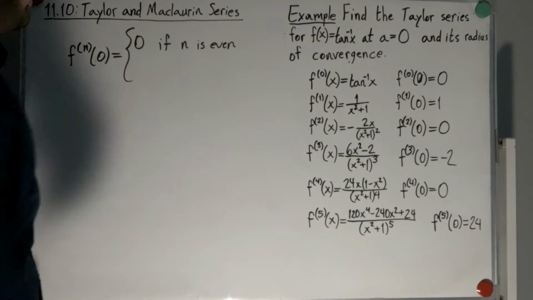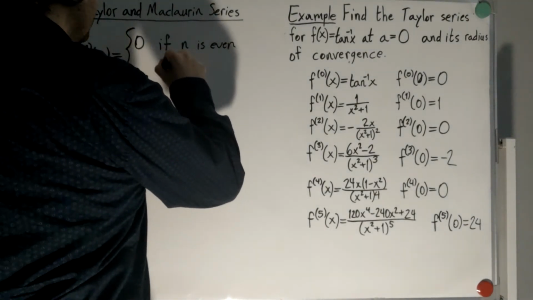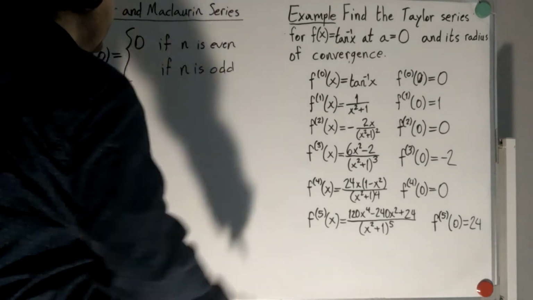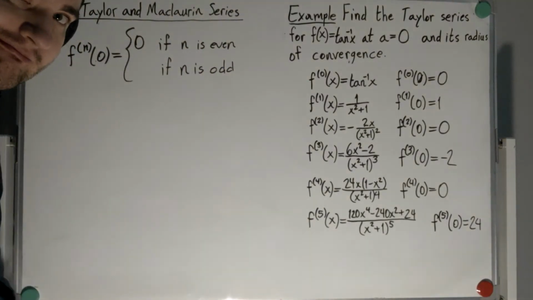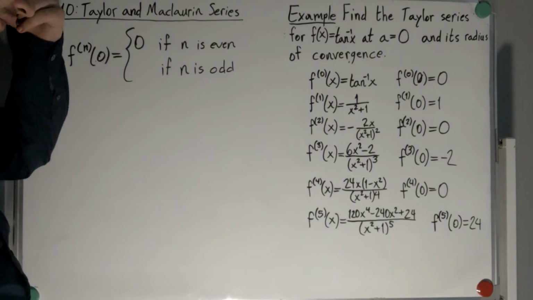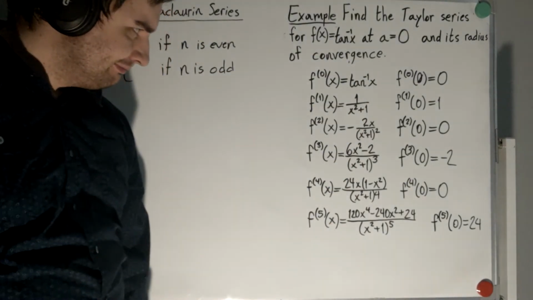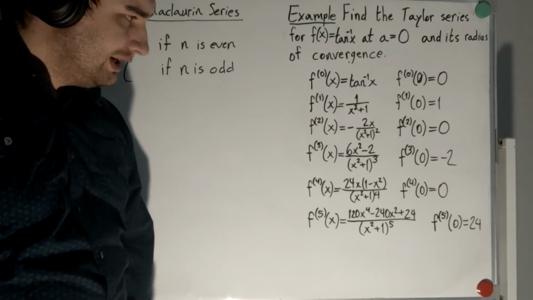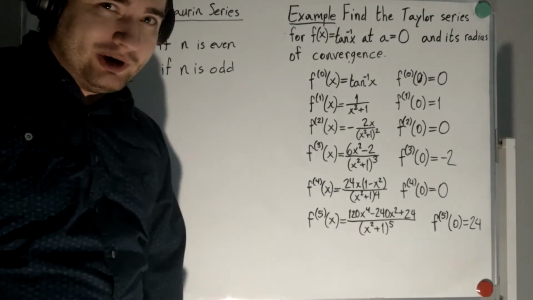If n is not even, though, if it's odd, then it's not going to be 0. Let's see. When it's 1, it's 1. When it's 3, it's -2. When it's 5, it's 24.